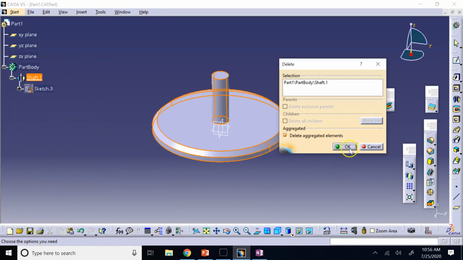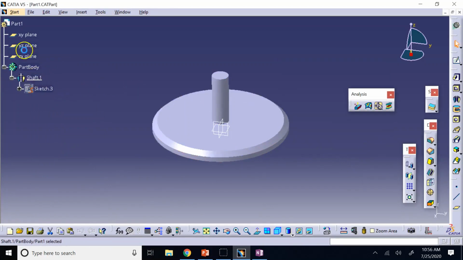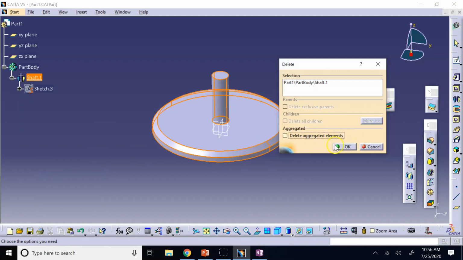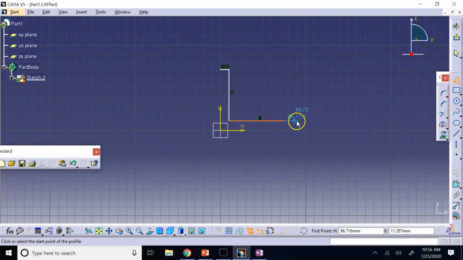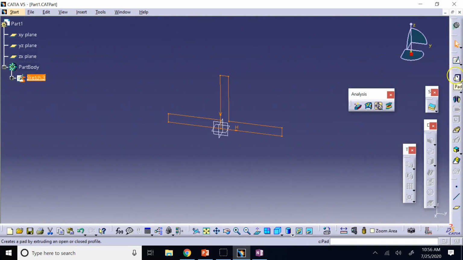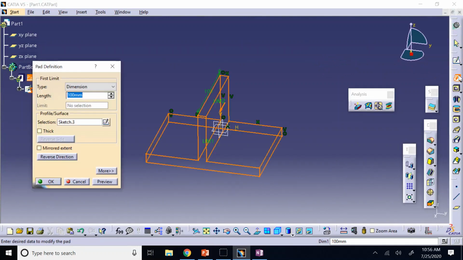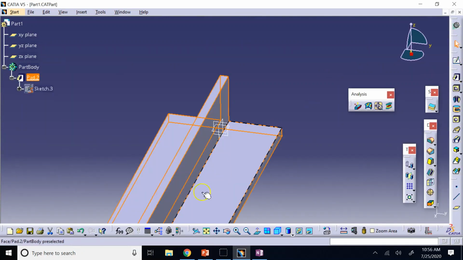So let me go ahead and make a T-beam or something. Let's say I have some T-beam like this, and I extrude it for 500 mil.